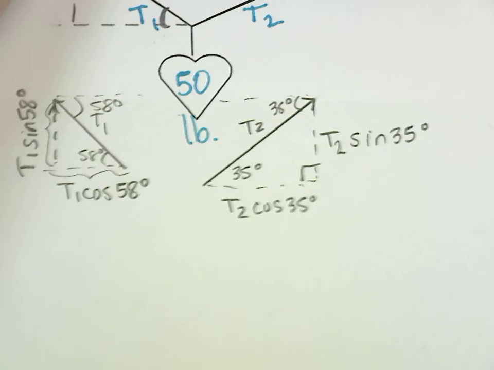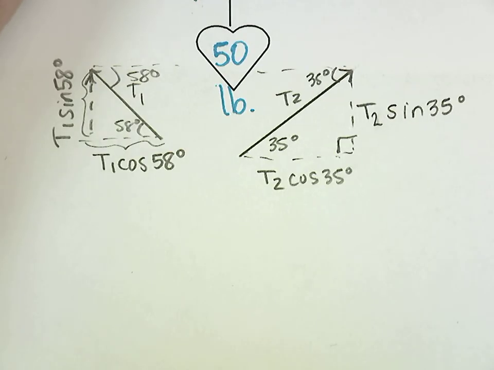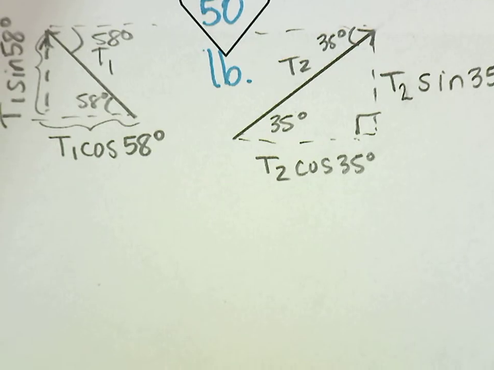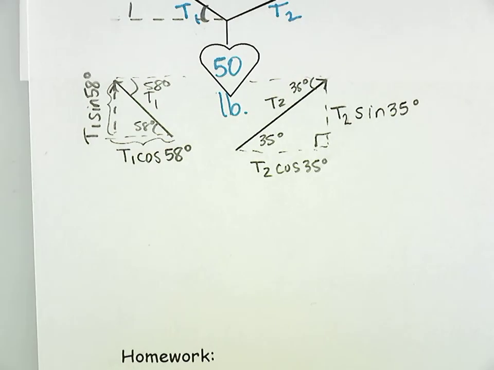Okay, so now we're going to go back to what I was just talking about. The first thing I said is up forces have to equal down forces. The next thing is that both horizontal components have to be equal. So two things have to be equal here.